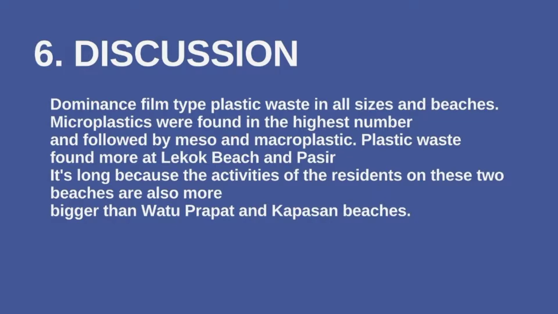Microplastic was found in the highest number, followed by meso and macroplastic. This shows that the smaller the size, the more numbers are found in the environment. Degradation of large plastic waste into smaller particles plays a major role in increasing the number of microplastics.